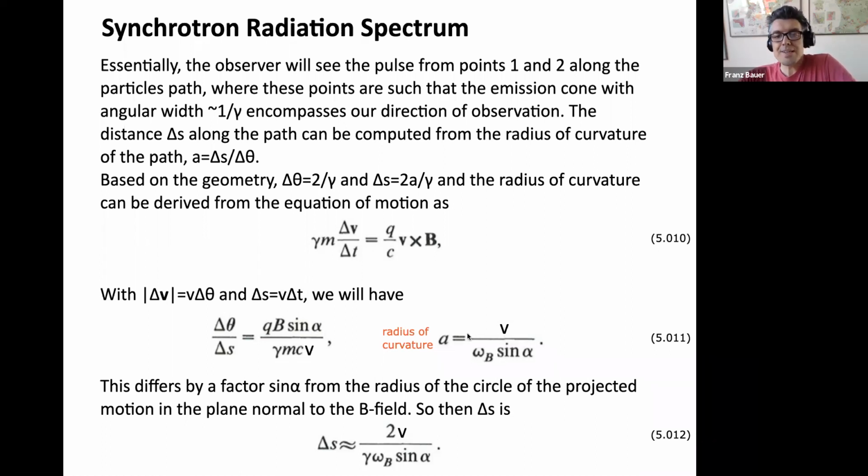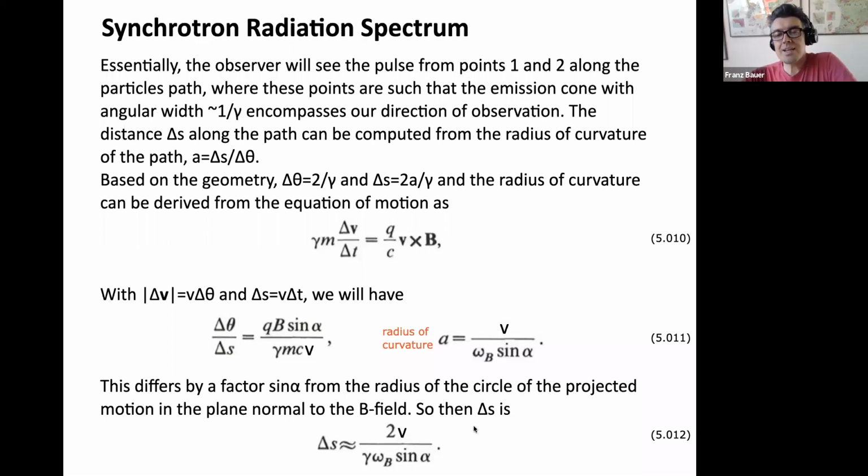So this radius of curvature we can estimate is based on the velocity, the gyro frequency, and the pitch angle. This is all just a substitution of math for the moment. This thing ends up differing by a factor of this from the radius of a circle of projected motion on a plane normal to the magnetic field.